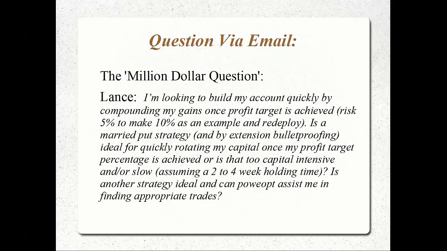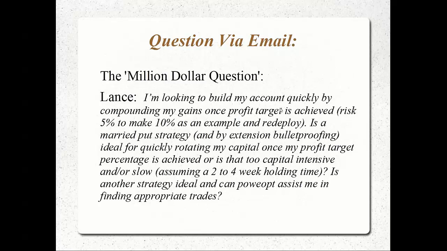Is a married put strategy, and by extension the idea of bulletproofing the trade, which we talk about in the blueprint, ideal for quickly rotating my capital once my profit target is achieved, or is that too capital intensive and too slow, assuming I only want a 2 to 4 week holding time? Is another strategy ideal, and can PowerOptions assist me in finding appropriate trades?